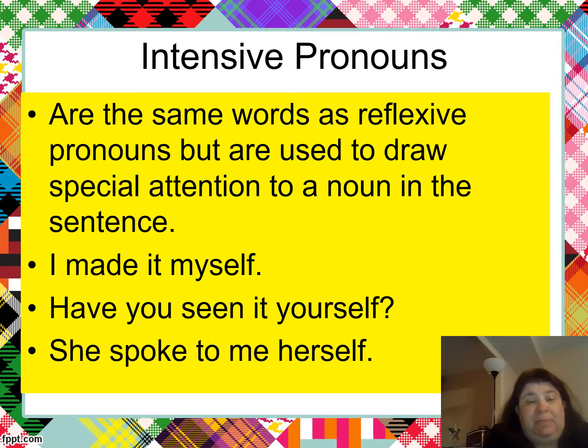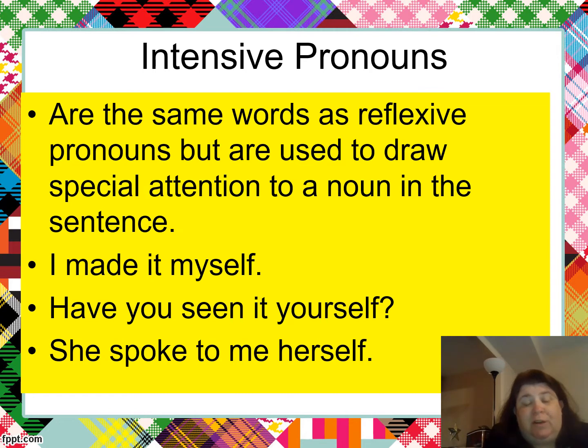And then, she spoke to me herself. Well, in that sentence, guess what? We have 1, 2, 3 pronouns. She in that sentence is our subject, and then herself is our object, which is our intensive pronoun. And then me is going to be one of those personal pronouns as well.